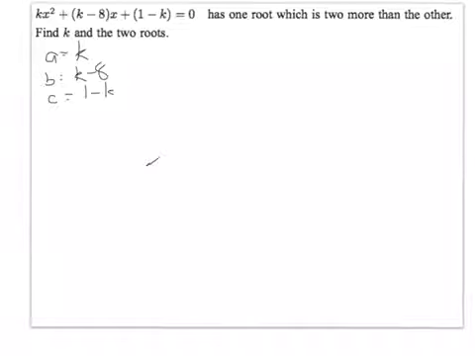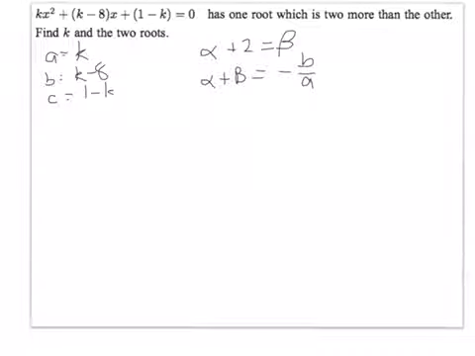We've got alpha and beta, of course, and we know that one root is 2 more than the other. So we're going to say that alpha plus 2 equals beta, and that means beta will have to be 2 more than alpha. All right. Now, the other things that we know are that the sum of the roots, or alpha plus beta, needs to equal negative b over a.